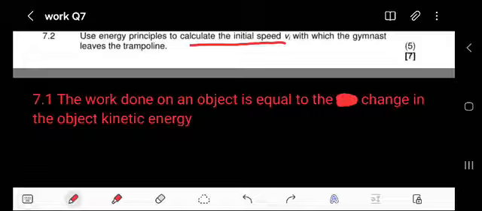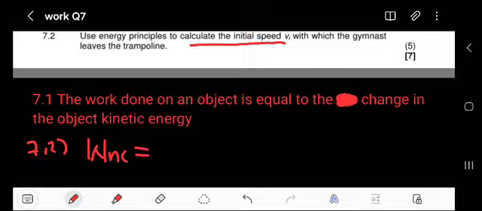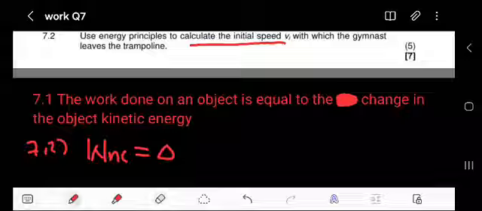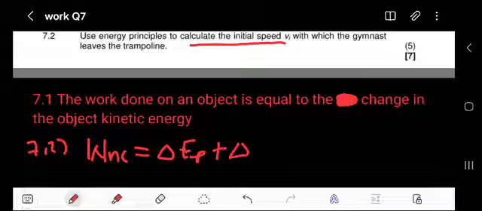Then for 7.2 we can use this formula, Wnc. Because we have height and we don't have an angle, I will prefer to use Wnc rather than W net. Here I know that it is the change in potential energy plus the change in kinetic energy, EP plus EK.